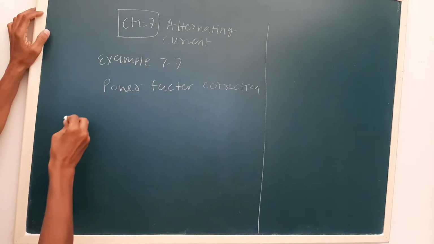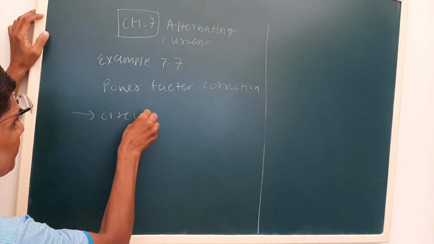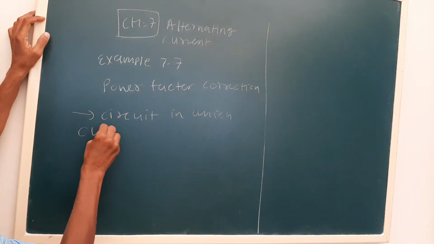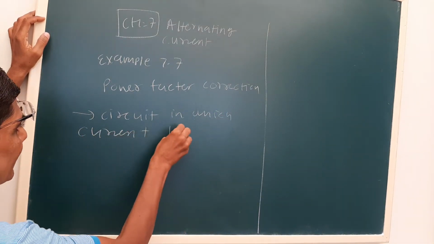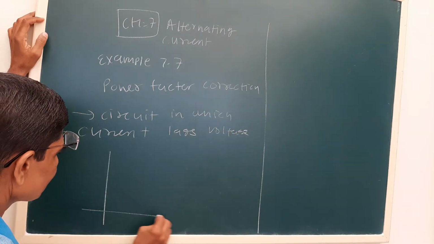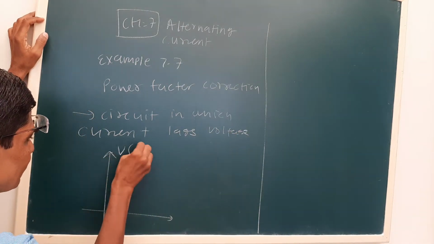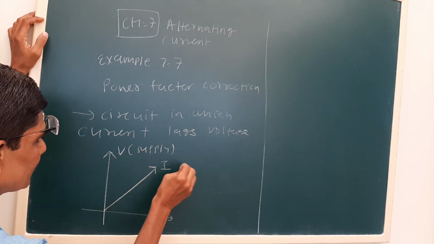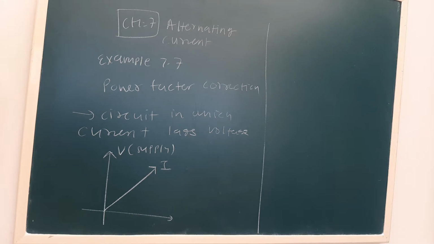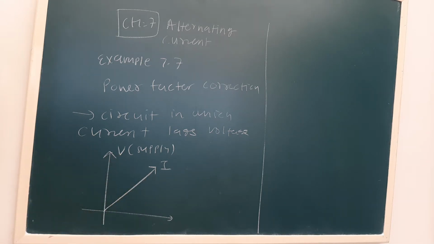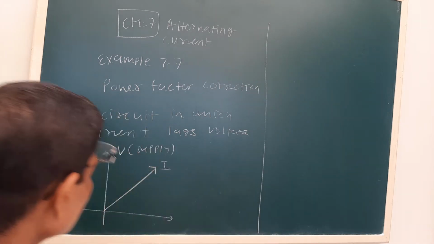See, suppose we are given a circuit in which current lags voltage. For example, let us say V is the supply voltage and I is the current. What we can see, the current lags the voltage, current is behind the voltage. Now let us say the angle is phi.